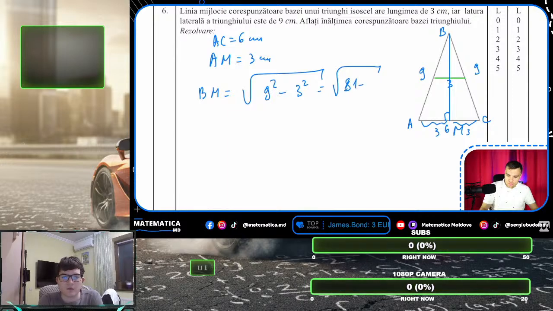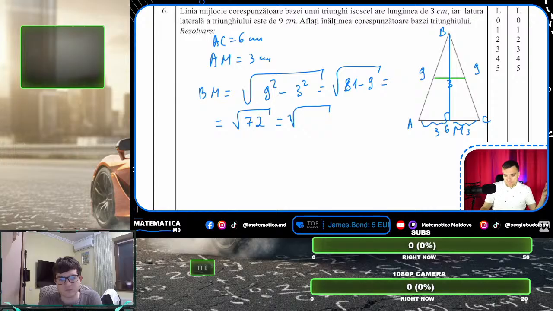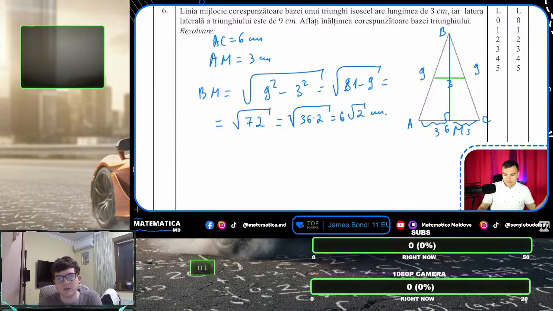So 81 minus 9 is 72, square root of 72, and I think that's 6 square root of 2. That's 36 times 2, so if you take the 36 out, it's going to be 6 square root of 2. Yes, it will be like that, 100%.